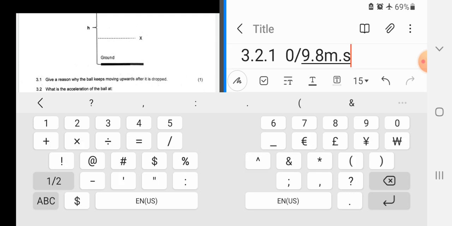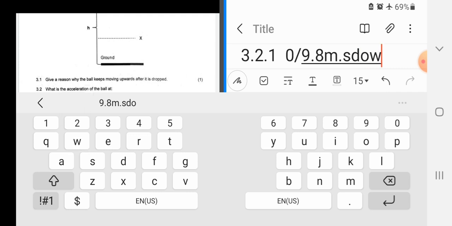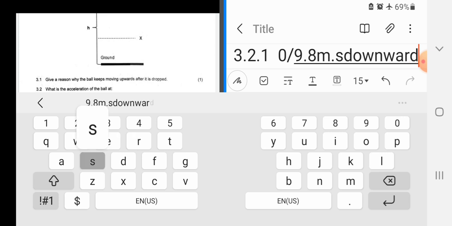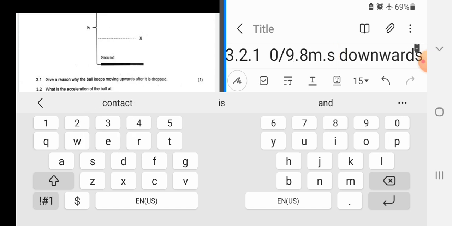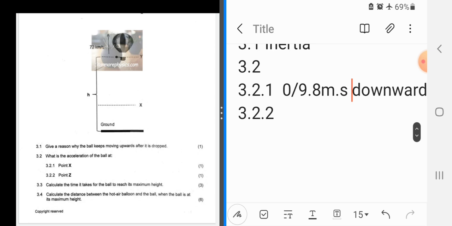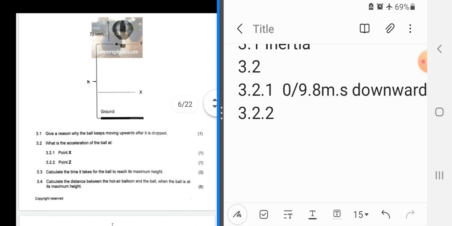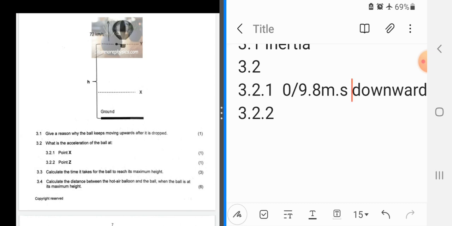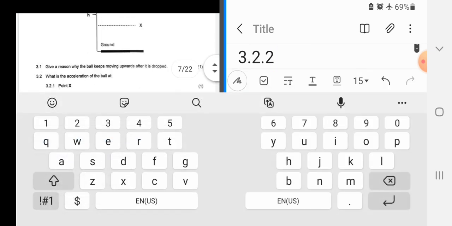It's going downwards, so we'll also include the direction. It's the force of gravity, which is 9.8, that is holding the ball, and the negative sign shows the direction, as you know. That's how we write it.